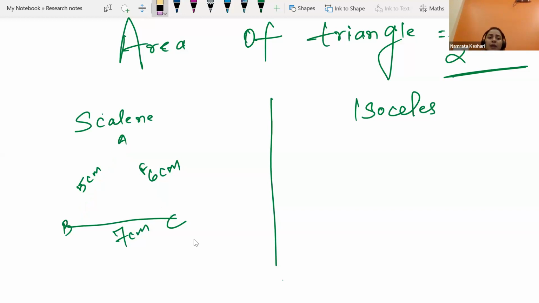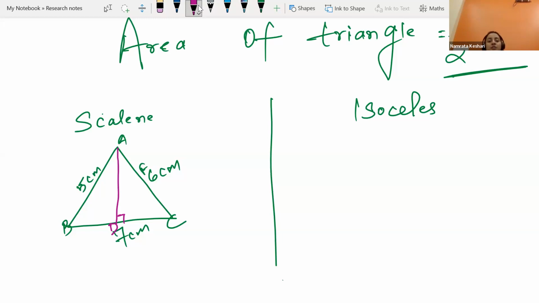We can drop a perpendicular from the vertex A and name it AD. We can say here it is making 90 degree and the altitude we have dropped. Now again the question is, how will we find AD? Is it possible to find AD? No, it is not possible.